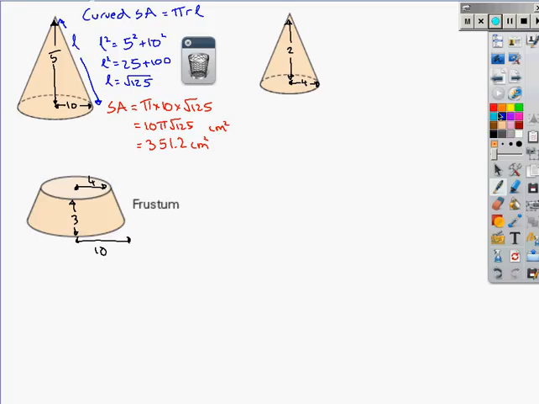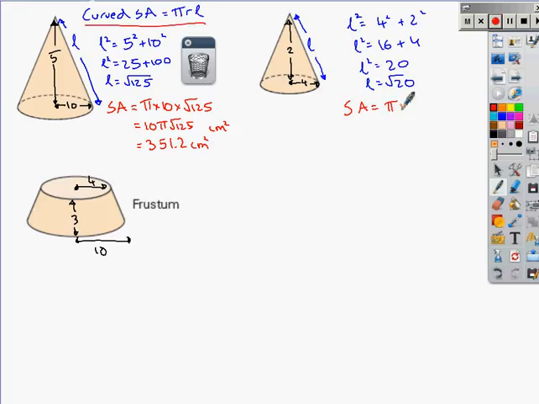Let's look at the second one then. So again, this is my dimension L, and so we get L squared is equal to 4 squared plus 2 squared, so that's 16 plus 4. Put that in and we get 20, and so L is equal to the square root of 20. So the curved surface area, okay, it's pi times r times L, let's just underline that.